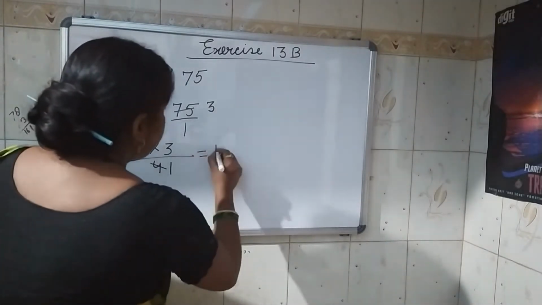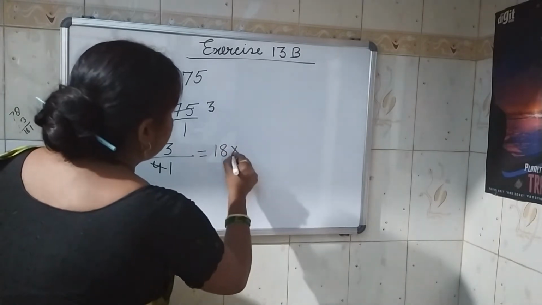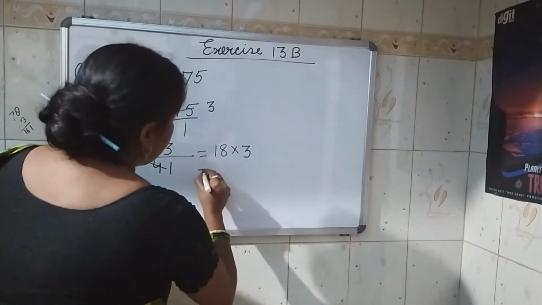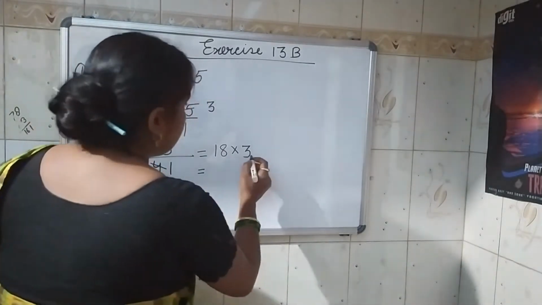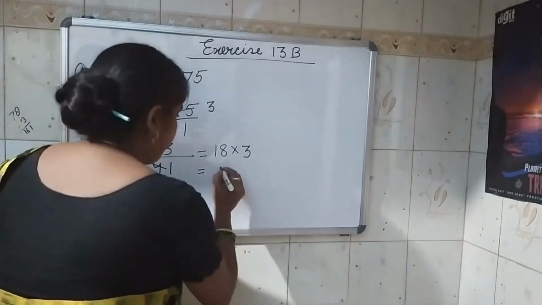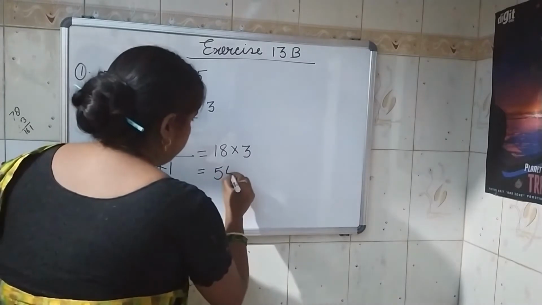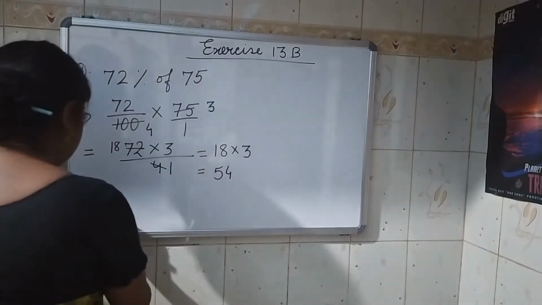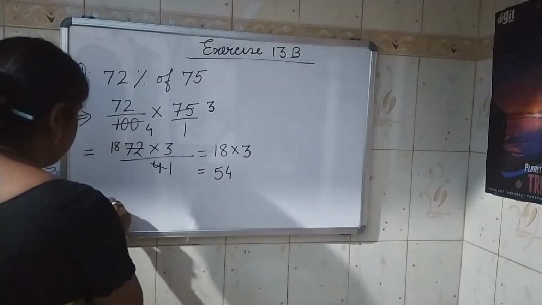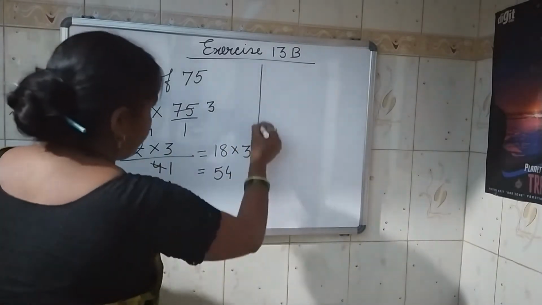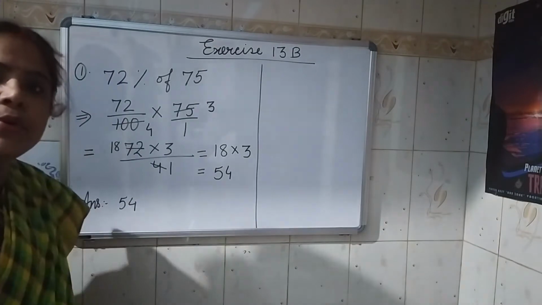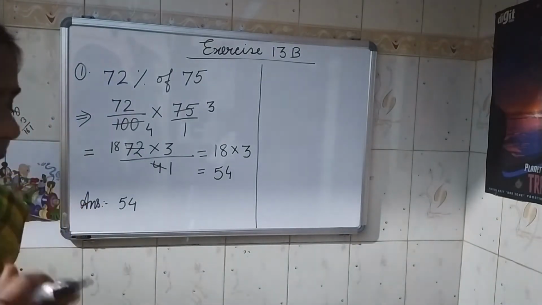So it is 18 multiplied by 3, and you know the table of 18. 18 twos are 36 and 18 threes are 54. So the answer is 54. Clear to you?